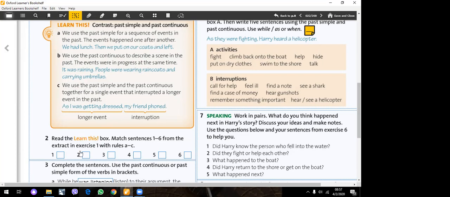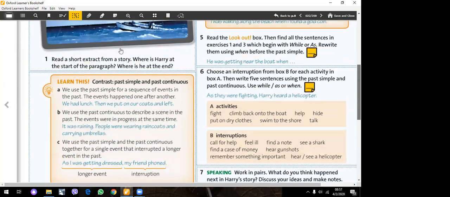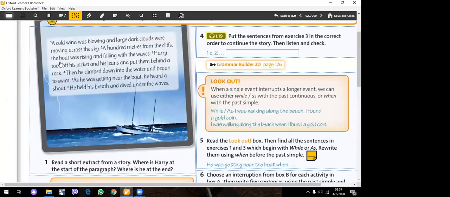Then the second question, who can answer this? Anya, yes, please. What's your answer? I think it's past simple. Let me see. Okay, 100 meters from the cliffs, the boat was rising and falling.